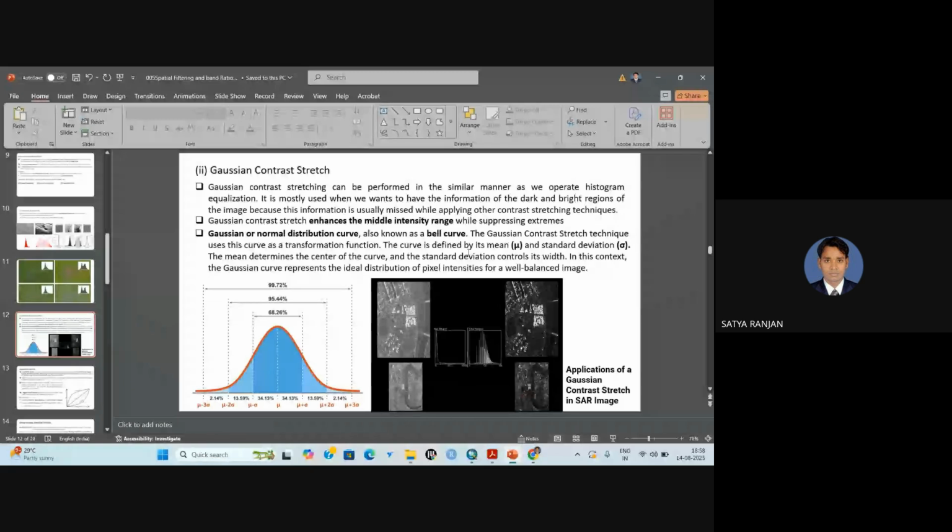This is the reflectance range in the 8-bit system. When we stretch it from minimum range value to maximum range value, some images give good results, but it is not correct for all the images.